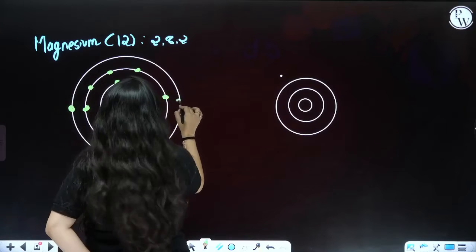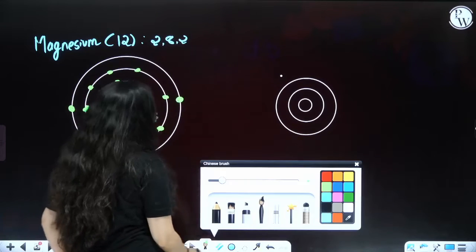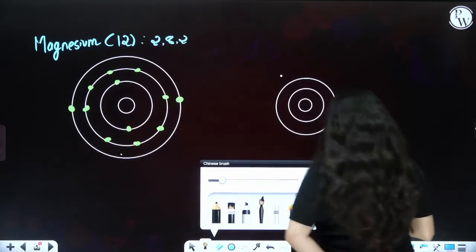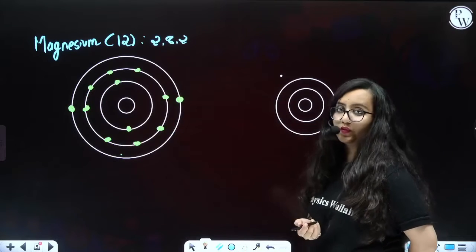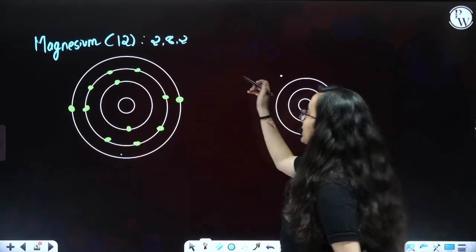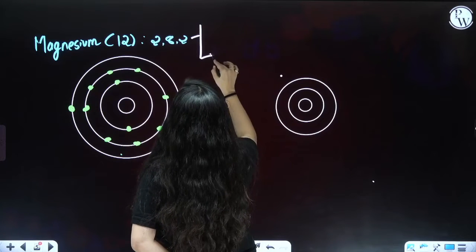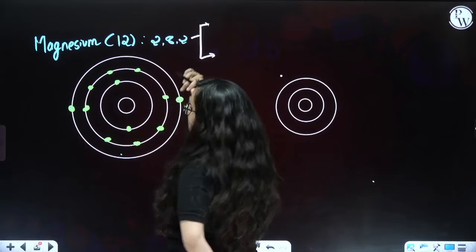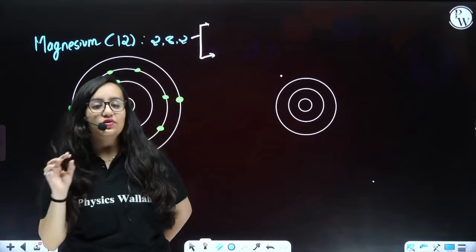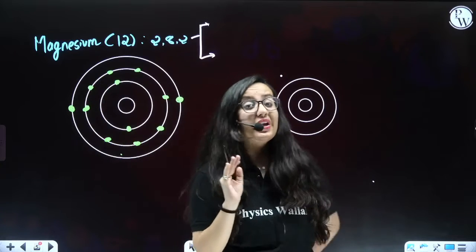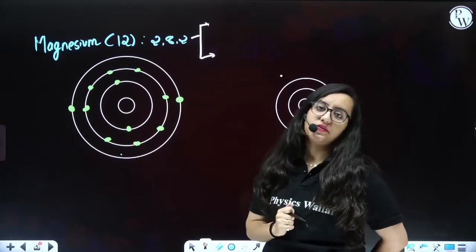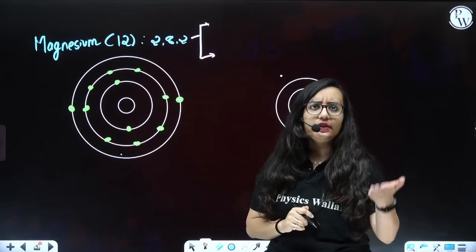Now let us assume, what will magnesium do? Magnesium has two options to attain stability. Can you name them?